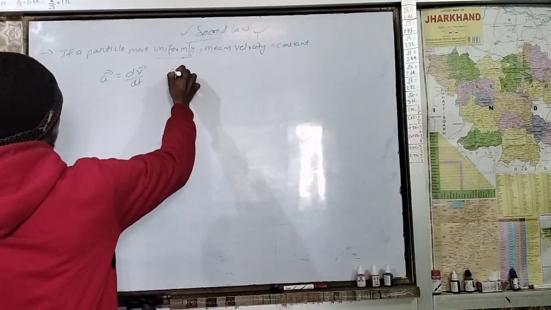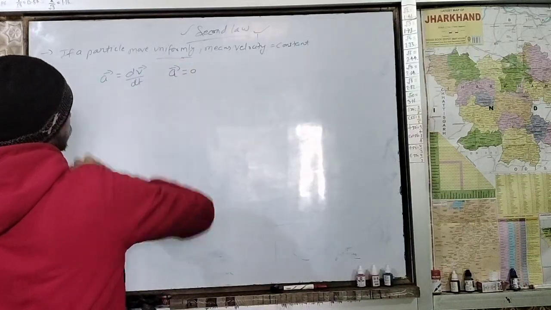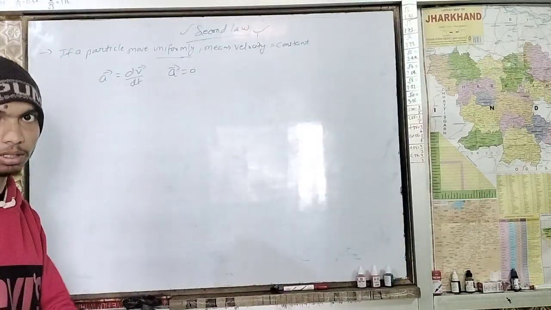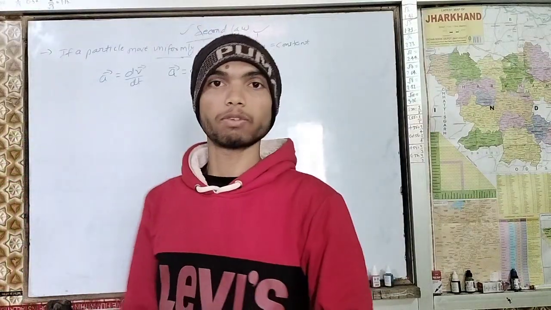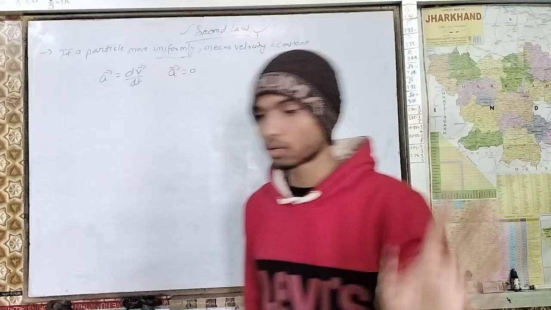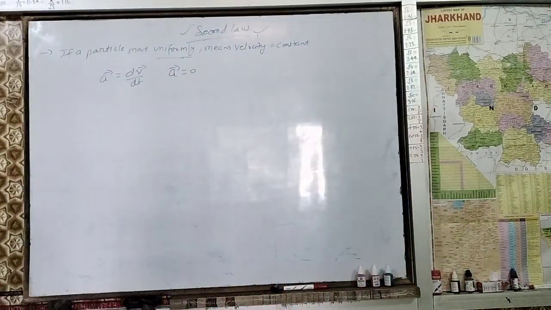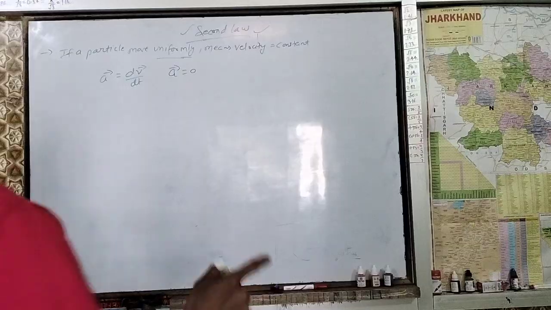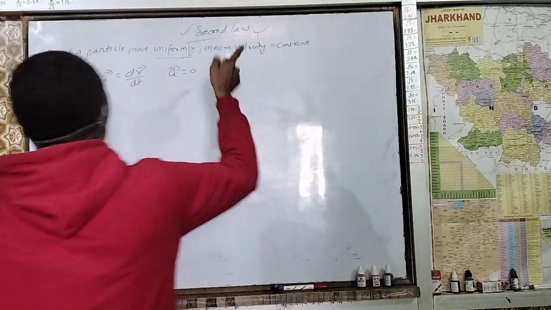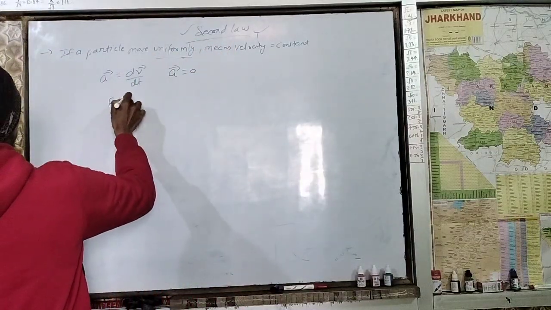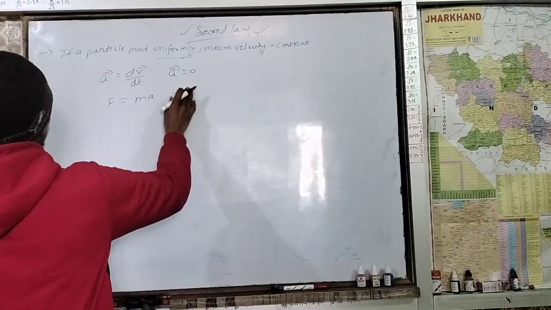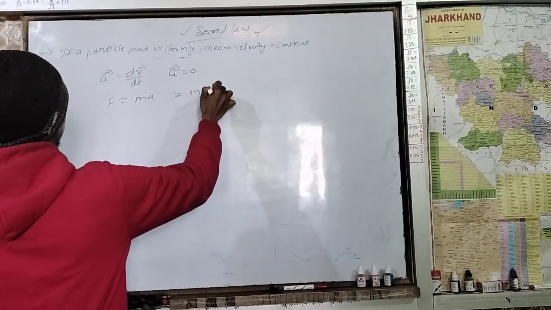Remember, this is a fact: if velocity is constant, then acceleration will become zero automatically. So you can say acceleration is zero. It means that in F equals m a, a is zero.